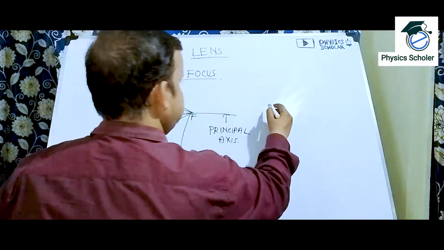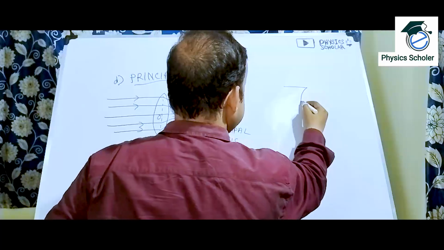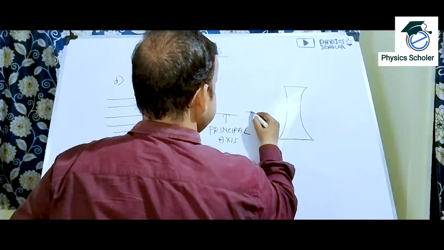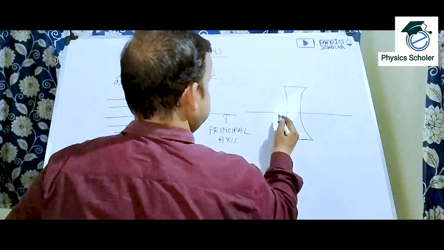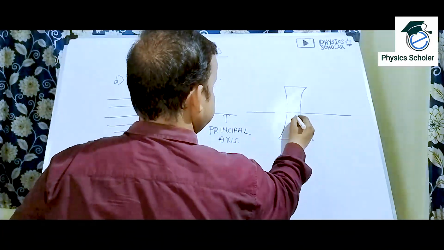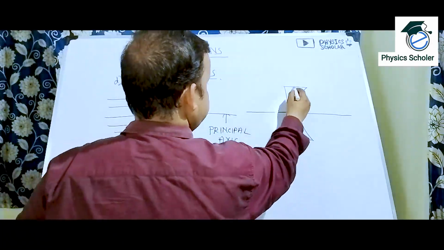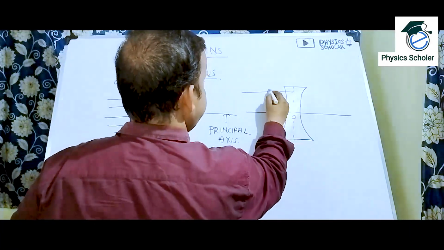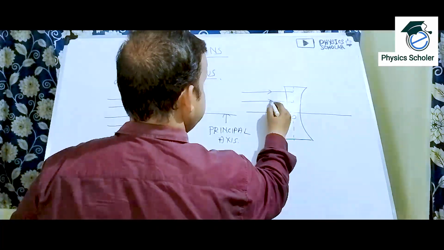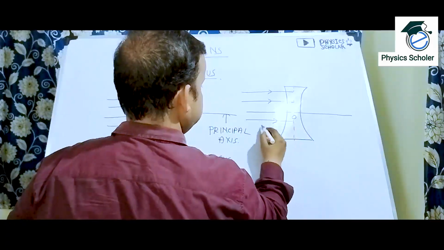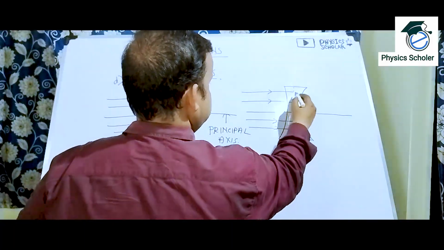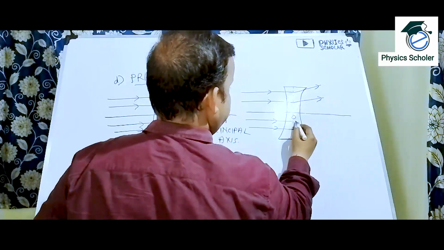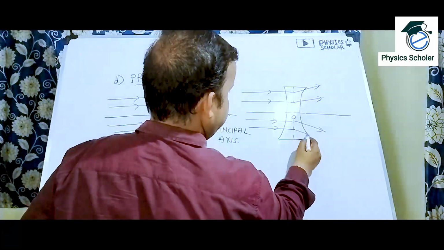If it is a concave lens, this is the principal axis and this is the pole. Suppose a parallel beam of light, parallel to the principal axis, is incident on the lens. After getting refracted, the refracted rays will diverge like this.